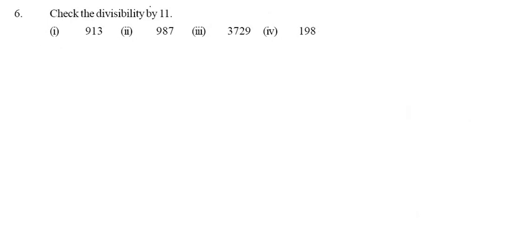That is the divisibility of 11. So how can we check divisibility by 11? The first question is 913. We add the odd place numbers and subtract the even place number. So you can say 9 plus 3 minus 1.